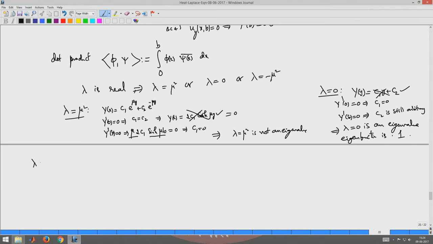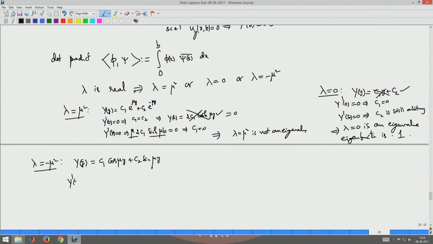Now, you also look at lambda equal to minus mu square. The general solution should be a function of y, so you cannot write x: y of y is C1 cos mu y plus C2 sin mu y.